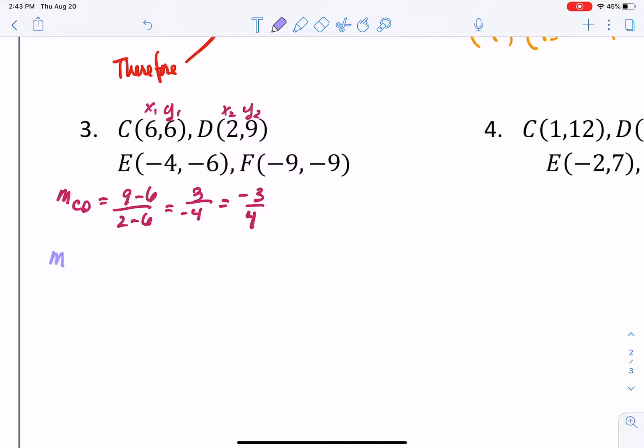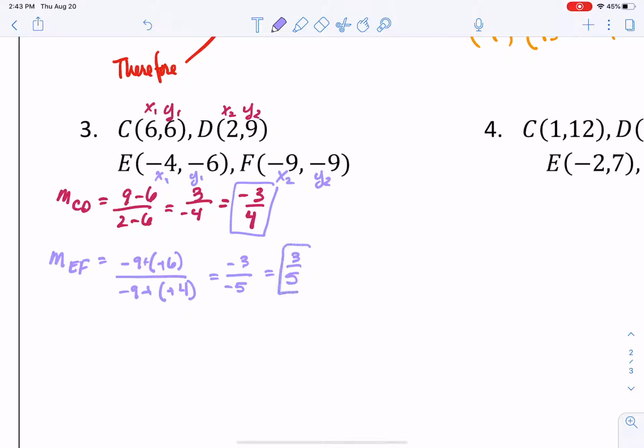And then we have the slope of EF, x1, y1, x2, y2: negative 9 minus a negative 6 over negative 9 minus a negative 4. Change double negatives to positives: negative 3 over negative 5, which becomes positive 3 over 5.